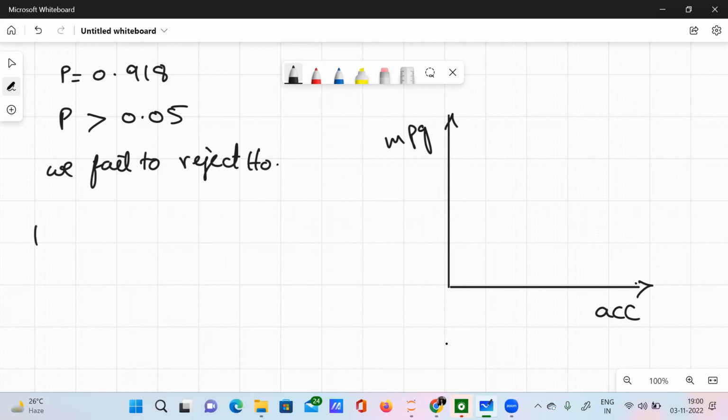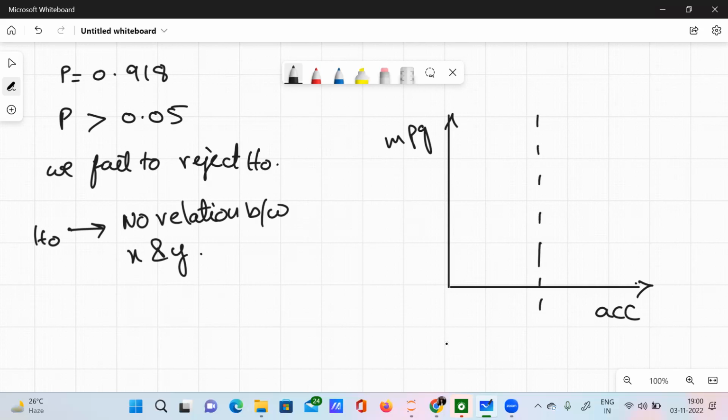So what is the principle of the null hypothesis? There would be no relation between x and y variables. So when you plot this null hypothesis on a scatter plot, this is the mean of x, that is x bar, and this is the mean of y, that is y bar.